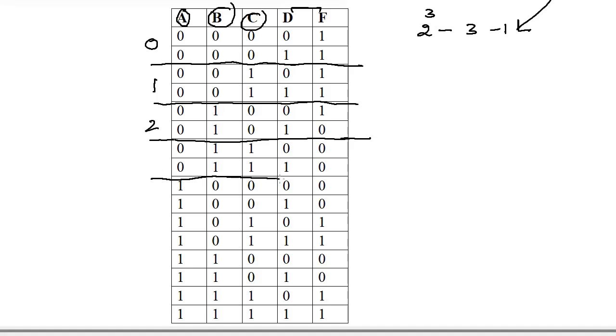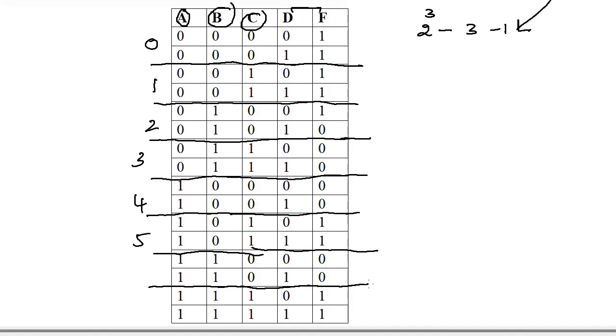And the next value is 3. And the next value is 4. And the next value is 5. And it is 6; 6 means 110, that's why 6. And the last one is 7. So by these 8 values we can implement with an 8 by 1 multiplexer.